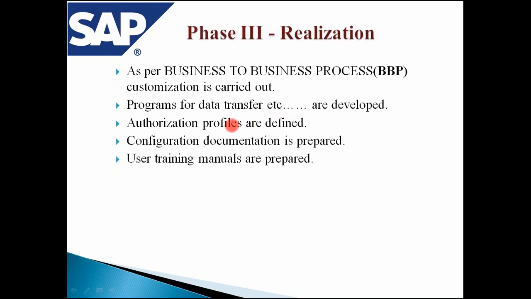And we, the functional consultants, according to the authorization profiles, that is, according to the role clarity, start configuring all those documents and applications relevant to the respective module. We also prepare the user training modules, and we integrate.